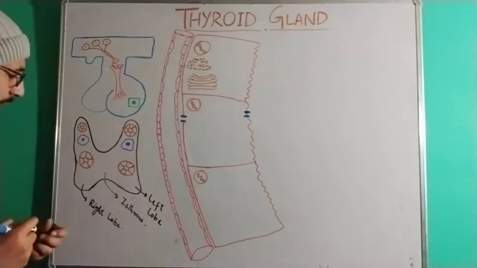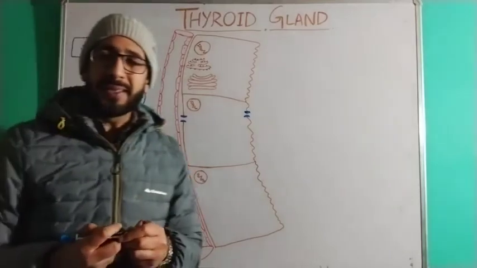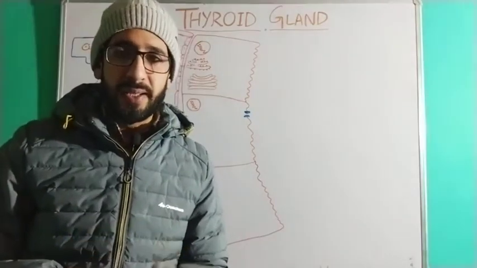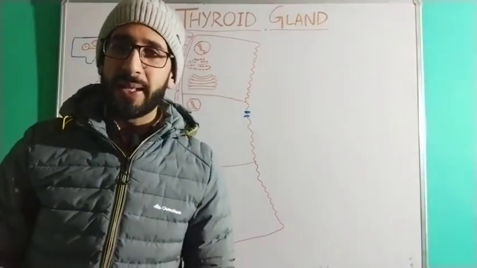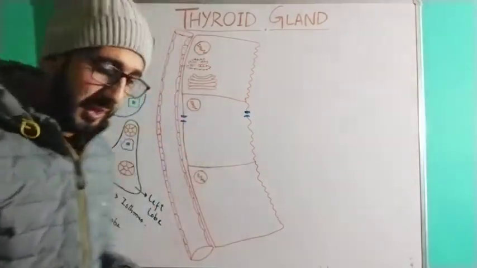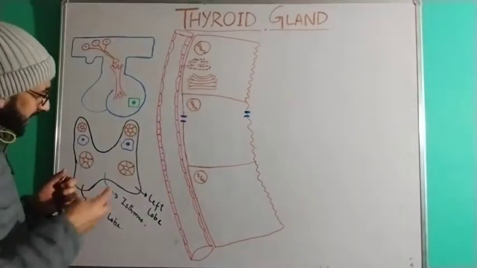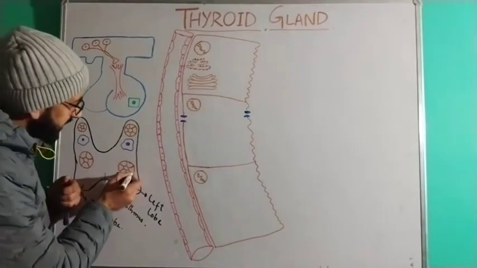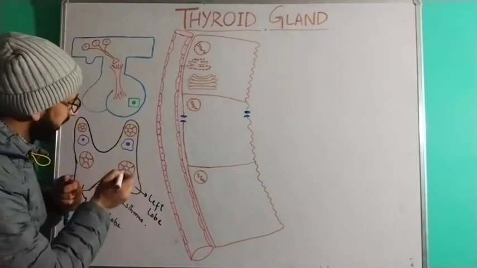Now this thyroid gland contains thyroid follicles. Thyroid follicles are the structural and functional units of our thyroid gland. You can see here these circular structures, these are called thyroid follicles.